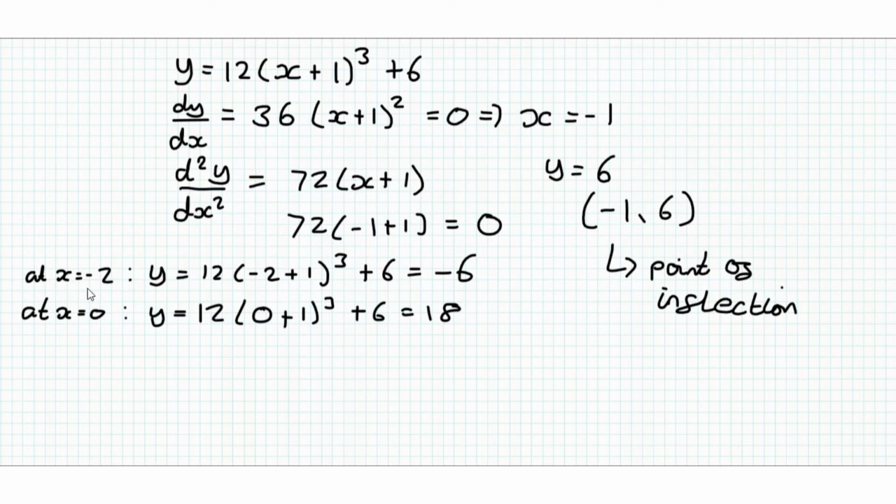If I select minus 10 and 100, that's not helping me, because we're looking for local maxima and minima, so you have to look at things close by to minus 1. Maybe even if you're using a calculator, you might want to look at minus 1.5 and minus 0.5, just to make sure you're right around the point, and you're just trying to see what happens just around that section.